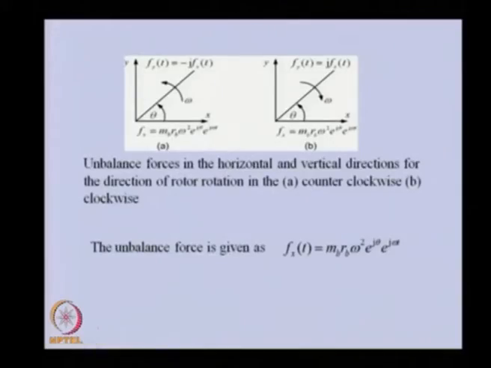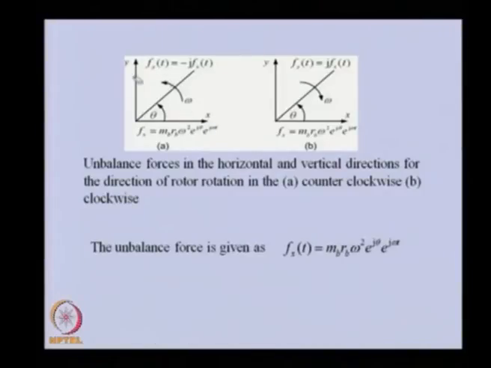Basically, the unbalanced force is m_b, the mass of unbalance, into radius, into omega squared, the phase of that, and e^(j omega t). This is the frequency, because it is rotating with the speed of the shaft. Now this is F_x. Now F_y lags behind F_x, in the direction of rotation of the shaft, by 90 degrees, because you can see the direction of rotation is clockwise.